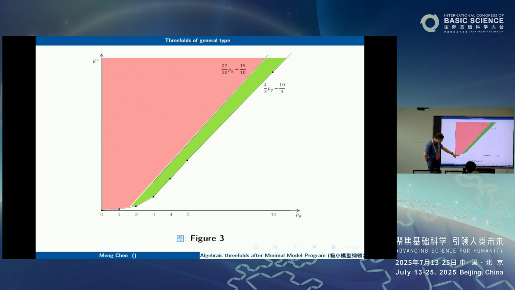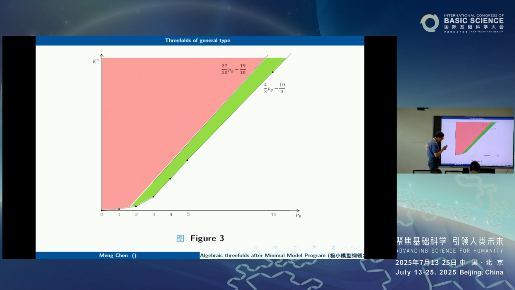And PG equal to 1. We also have some lower bound here, but so far we could not determine the exact lower bound. This is still the project we are working on presently.